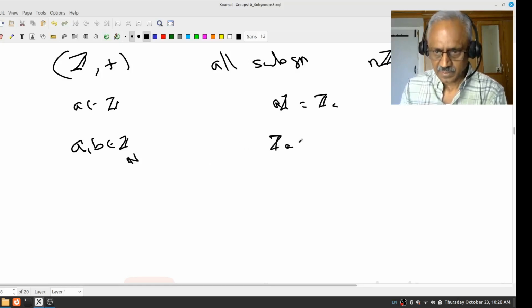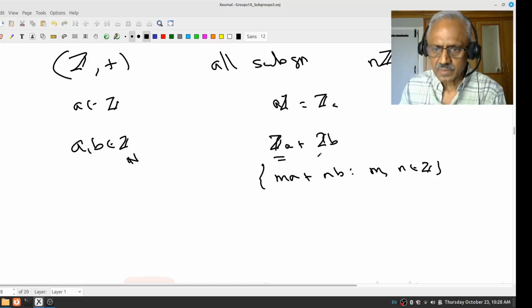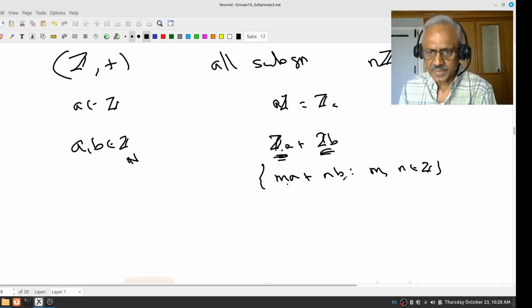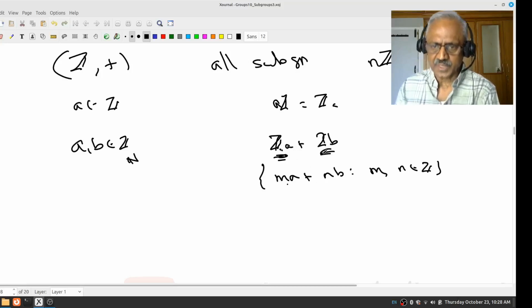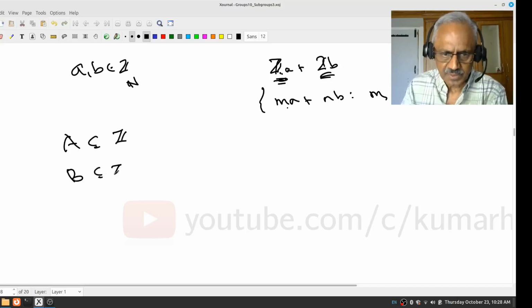Then ZA plus ZB is nothing other than M times A plus N times B, with M and N in Z. This is a set which consists of all multiples of A. This is a set which consists of all multiples of B. And when I write this set, it means take any arbitrary element here, any arbitrary element here. If A is a subset of Z, you must have seen this in linear algebra also; when I write A plus B, what does it stand for?